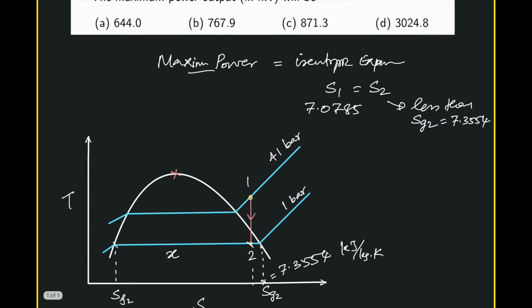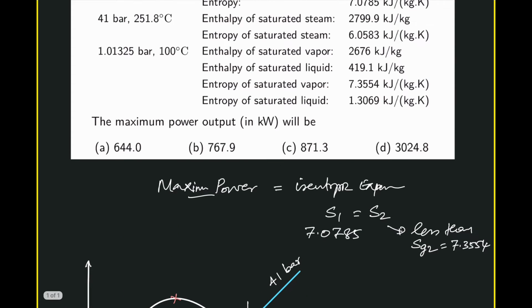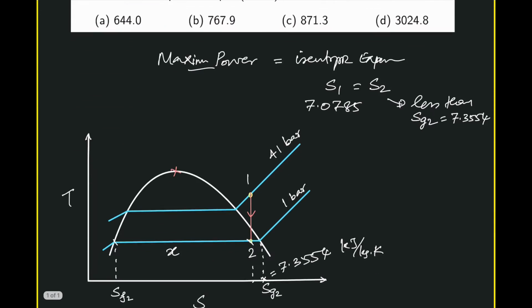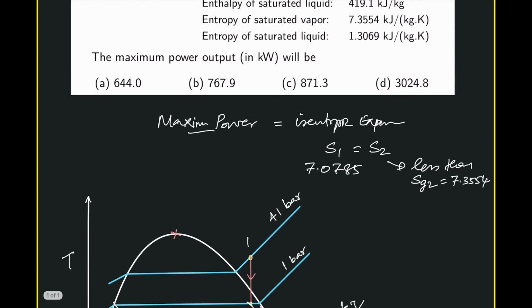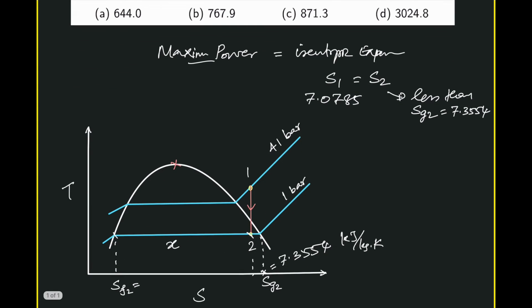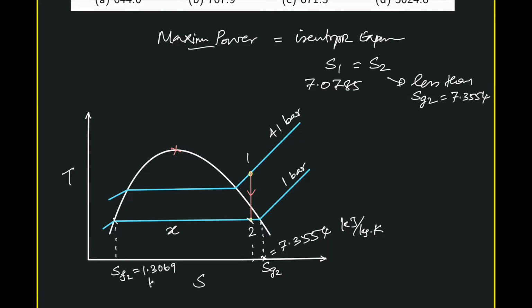Likewise, the entropy of the saturated liquid, SF2, is also available, equal to 1.3069 kilojoule per kg Kelvin.